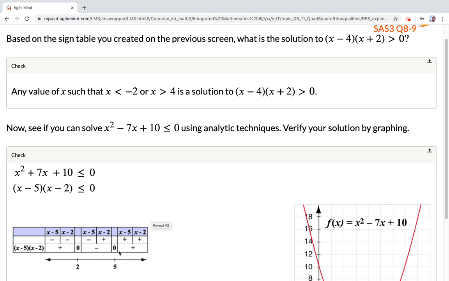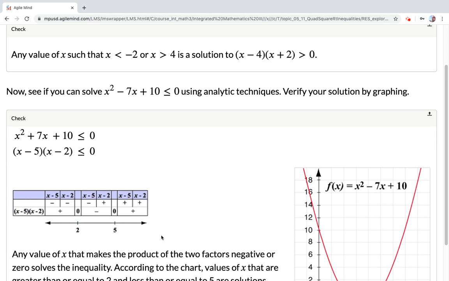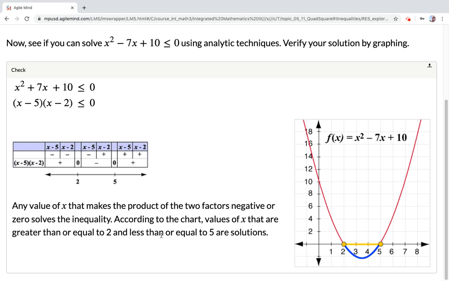So now that you have your lovely sign chart, this particular problem was asking you, hey, when is this less than or equal to 0? Well, I know it's equal to 0 at 2 and 5, and it looks like it's negative between 2 and 5. So that means my solutions are, and I wish they'd written it down, and I wish my little pen worked right now, but it's not working.